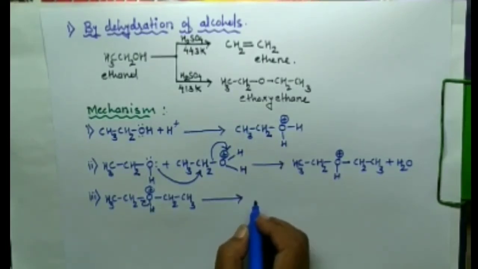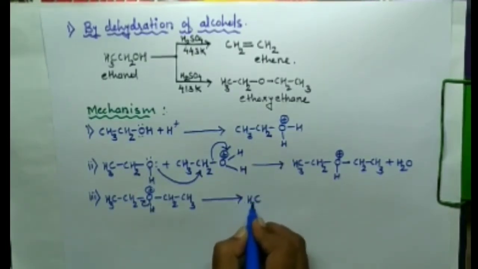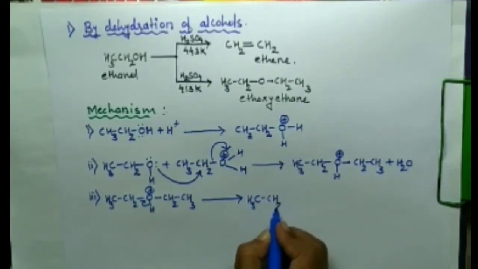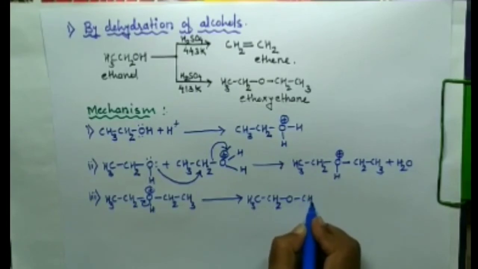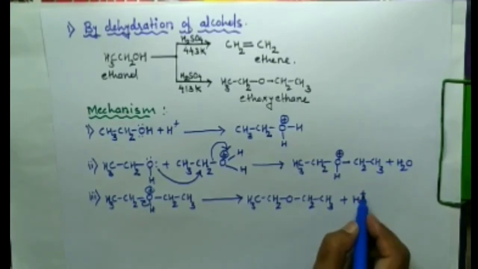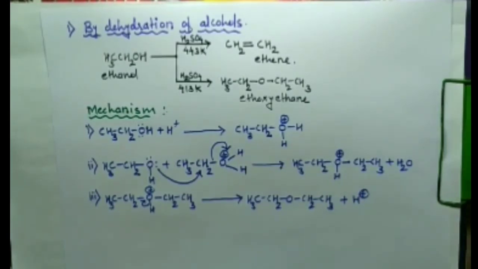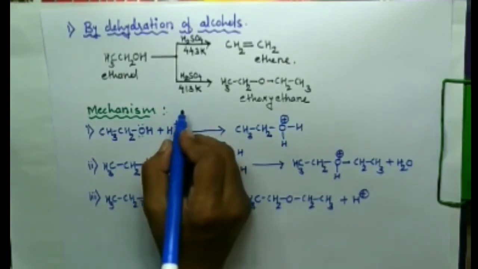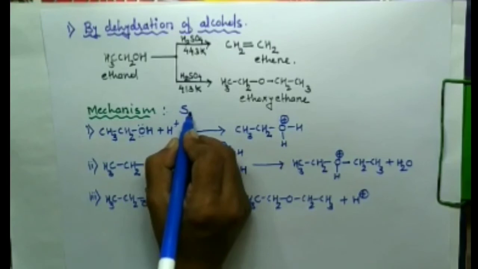There is a minus H plus deprotonation, and we will get here ethoxyethane, also called diethyl ether, with loss of this proton. This is a 3 steps mechanism which gives ether from alcohol, dehydration of alcohol. So here there is a loss of water molecule to get this ether from alcohol. These are the 3 steps involved in this synthesis, and this is the SN2 mechanism.